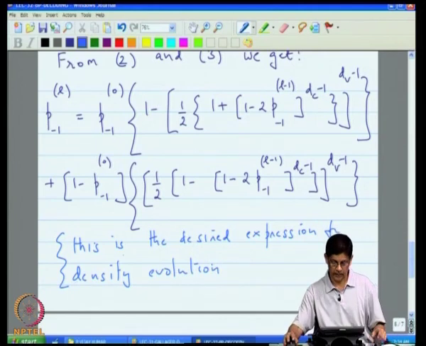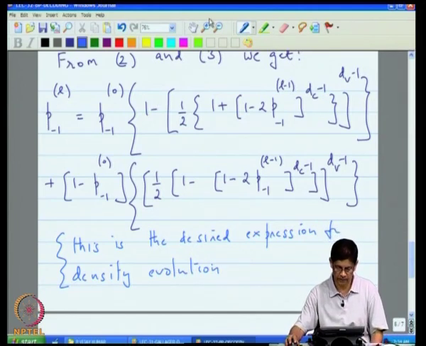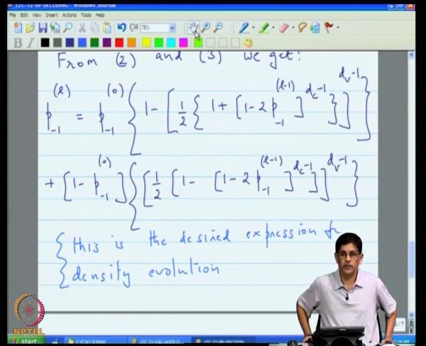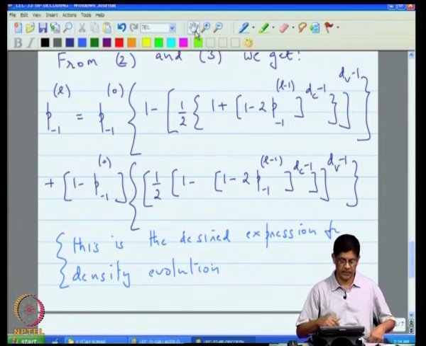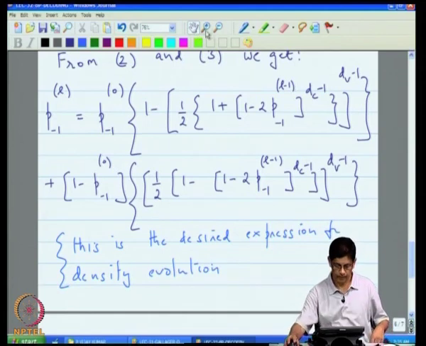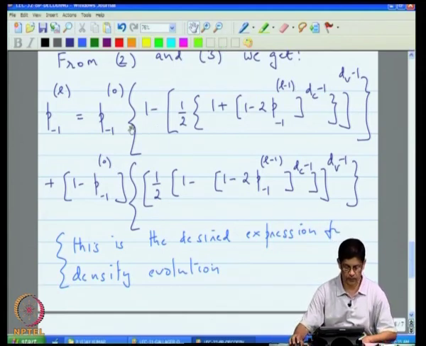Okay, so in density evolution, our aim is to find a recursive expression for the number of incorrect messages passed along each edge. So what we have done is found the probability that a message on the lth iteration is incorrect, because -1 represents an incorrect message.